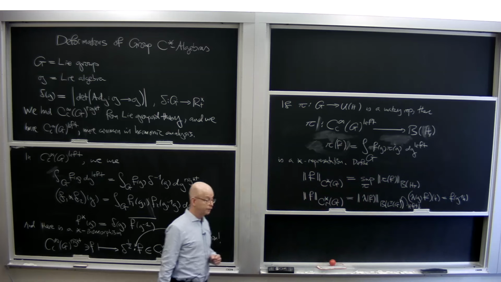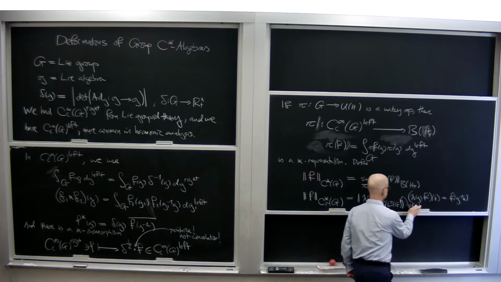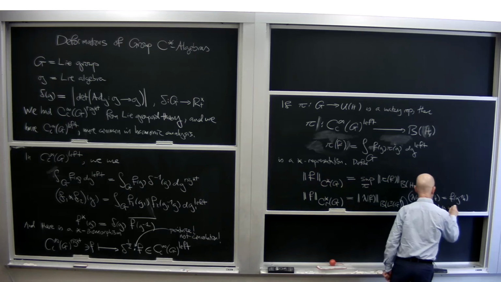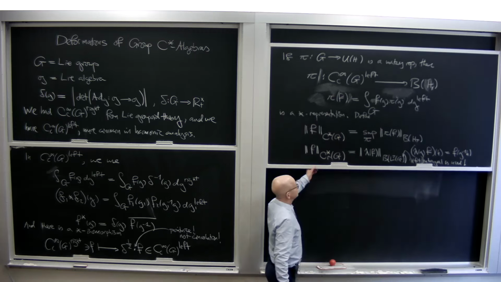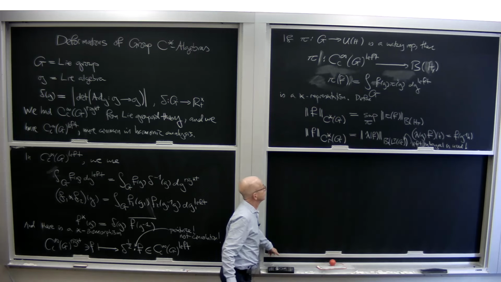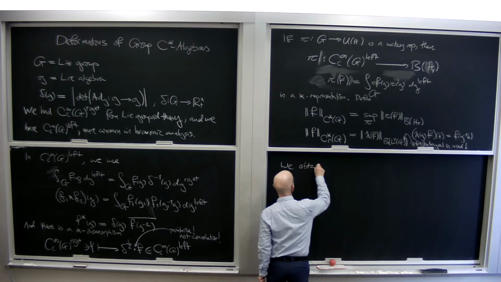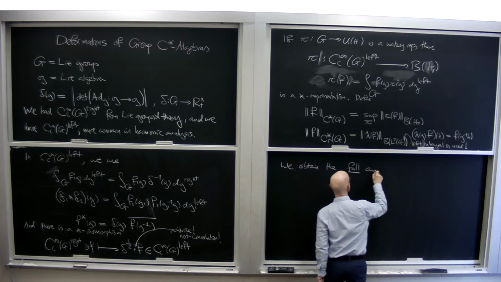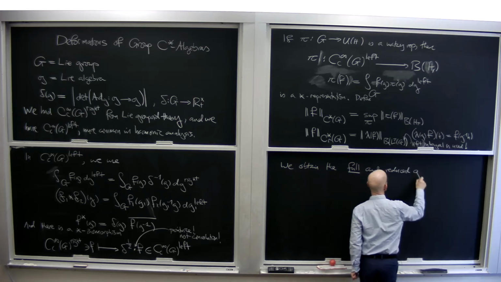You build it with the left integral, the one here. So we get a couple of C-star algebras, the so-called full and reduced group C-star algebras.